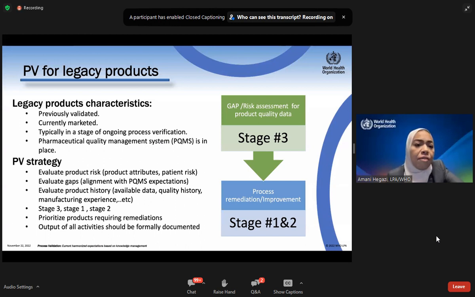Another challenge commonly faced by industry is applying the new process validation lifecycle approach to legacy products. Legacy products are those that are manufactured currently and currently marketed, and may have been previously validated using the traditional approach.